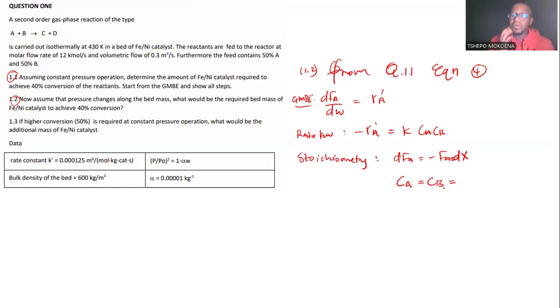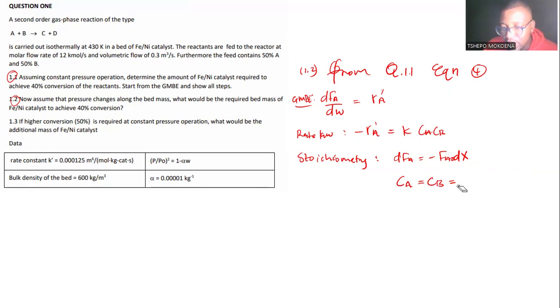I'm not going to explain this deeply. I explained it in 1.1. If you maybe jumped past 1.1, please quickly go to it before you come to this video. CA0 (1 minus XA).